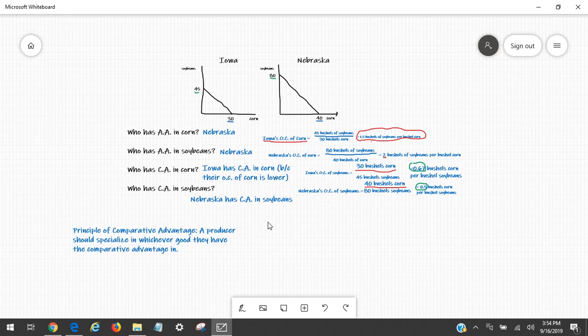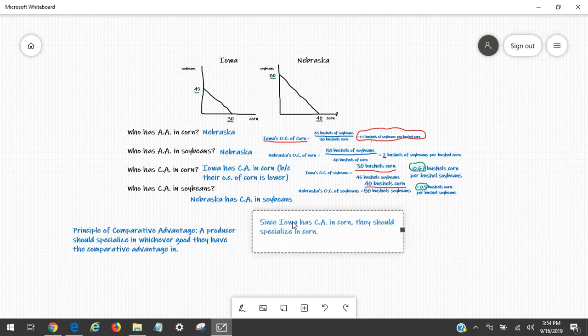It's relatively cheaper for them to produce corn than it is for Nebraska because they give up less. Their opportunity cost of doing so is less. So just to summarize, since Iowa has the comparative advantage in corn, they should specialize in corn.